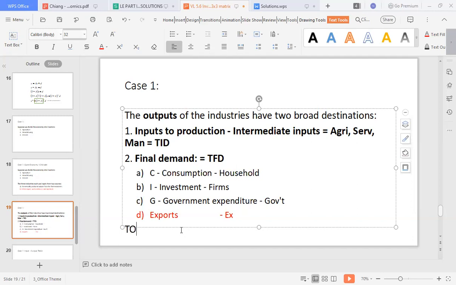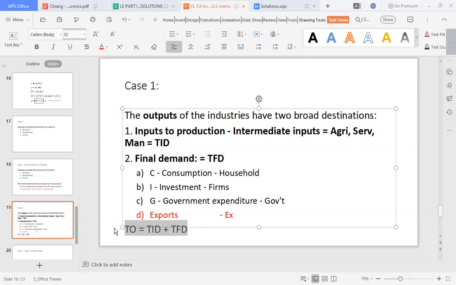Let me just correct here, total output is equal to TID plus TFT. So again, total intermediate demand is the inputs to production from other sectors that is used by other sectors, and total final demand is again the direct consumption of household, firms, and government spending.